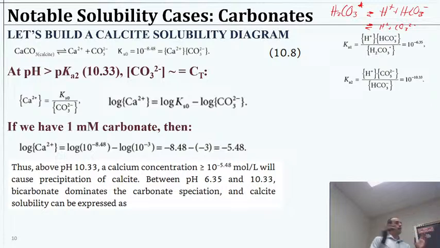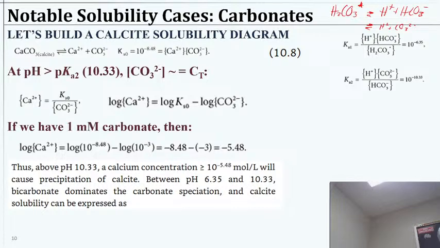So let's start at one end of the pH or the other, and we'll start at the very basic side of it. We're going to start with a closed system, by the way, so we're not worried about gas exchange. This would be a little deeper in the ocean where we're not right at the surface. So we have a closed system and a high pH.